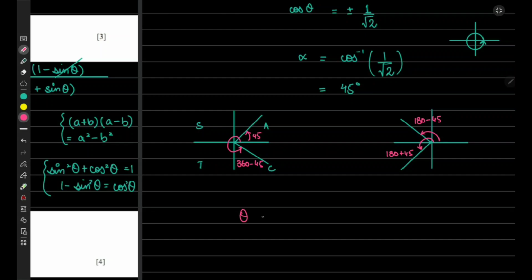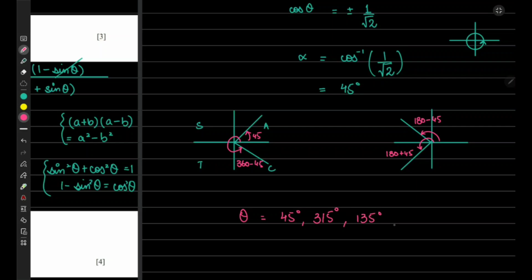So the angles would be 45 degrees. 360 minus 45 is 315. Then 180 minus 45 is 135.